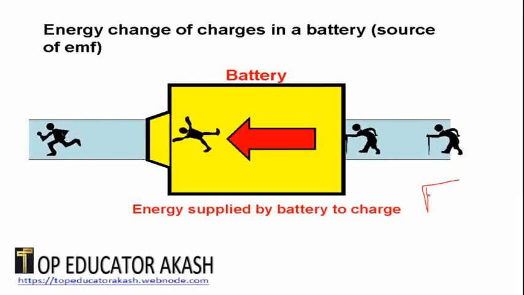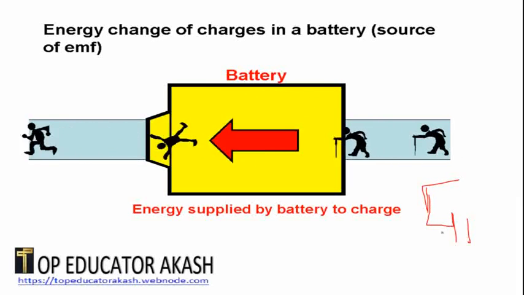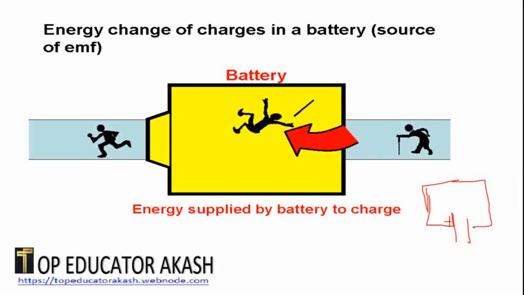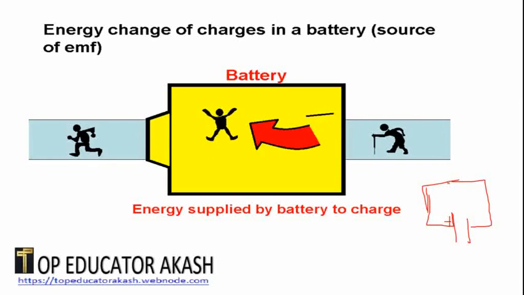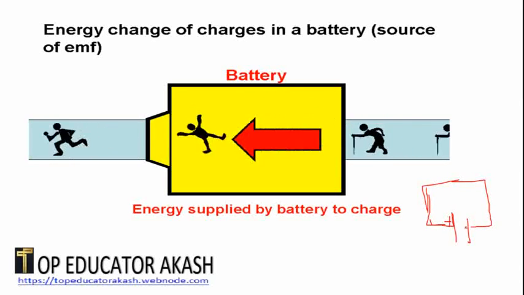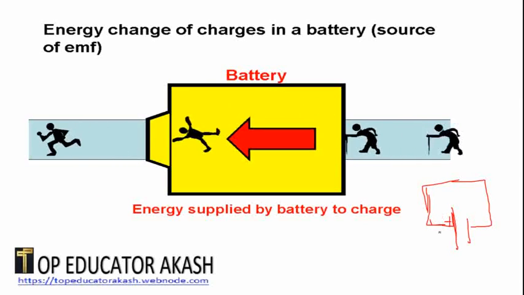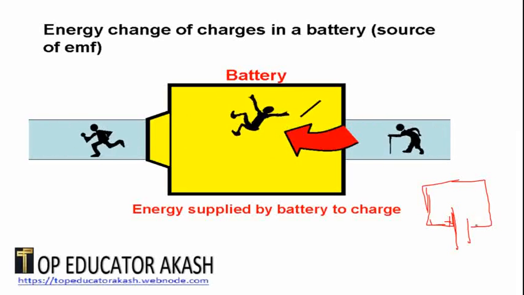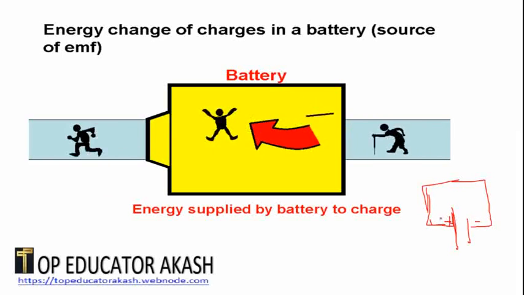Suppose this is the circuit and it is a battery, and when the electrons start moving, they start moving from higher potential. The positive side is said to be higher potential and the negative is said to be lower potential.